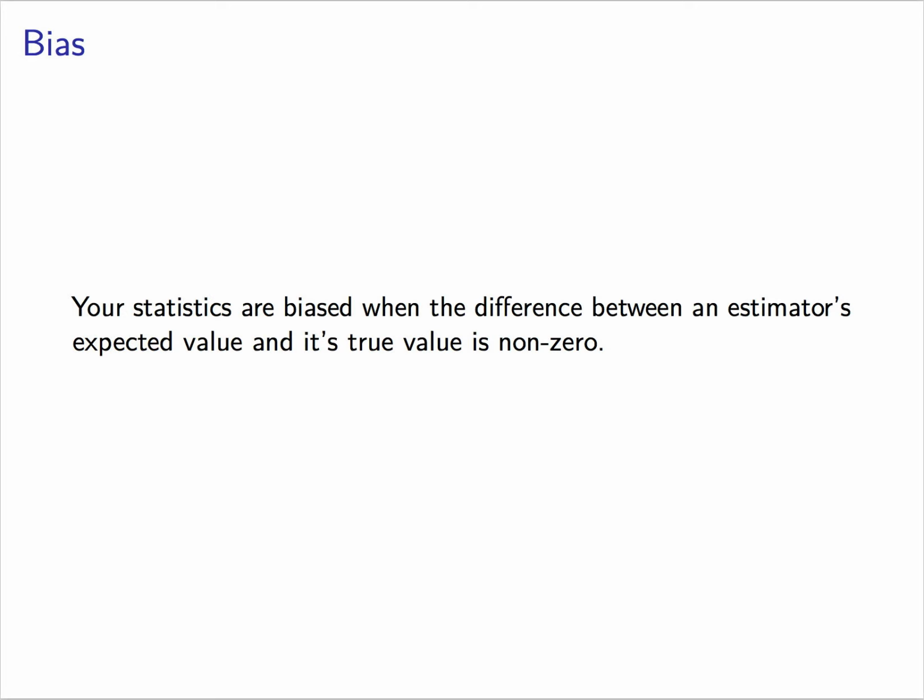So if the true mean height among males in your population is 5 feet 11 inches, but the way you collect your data results in a consistently higher mean height, then your data and statistics will be biased.